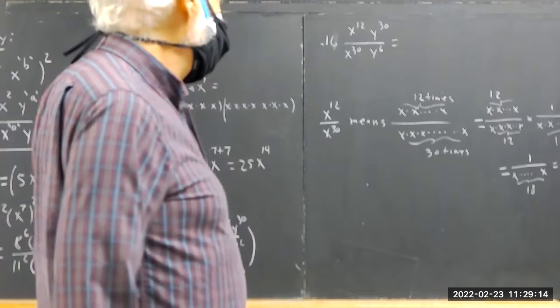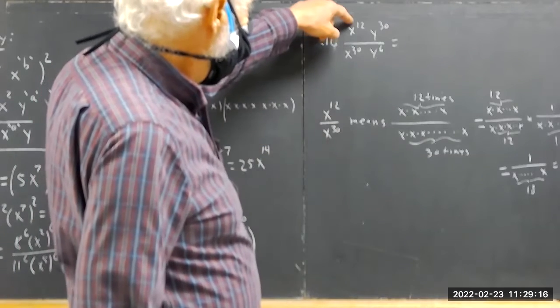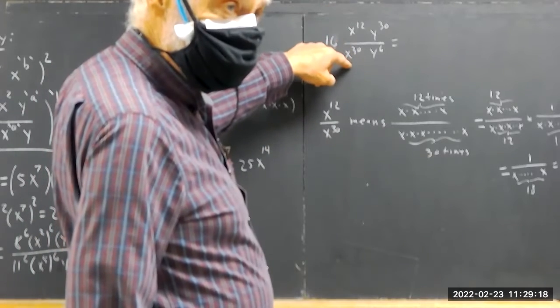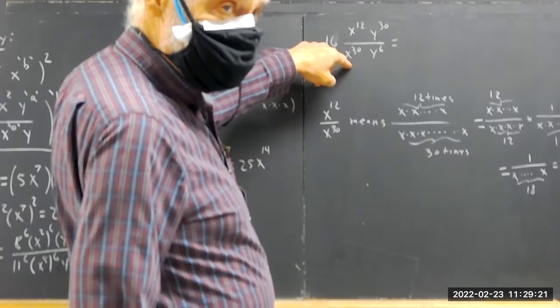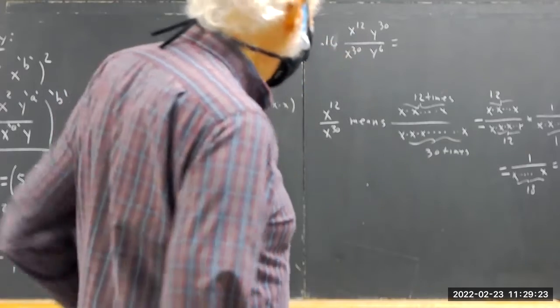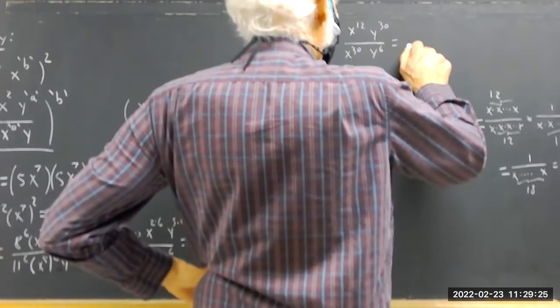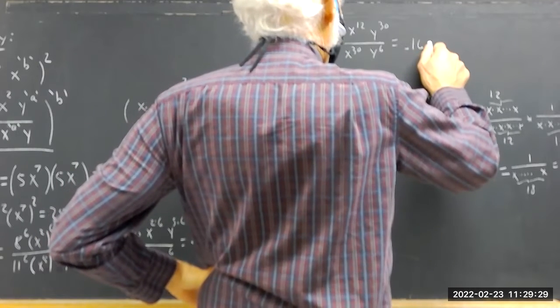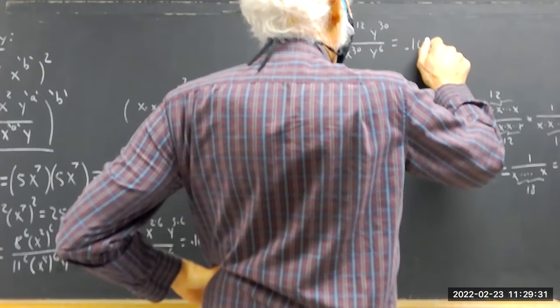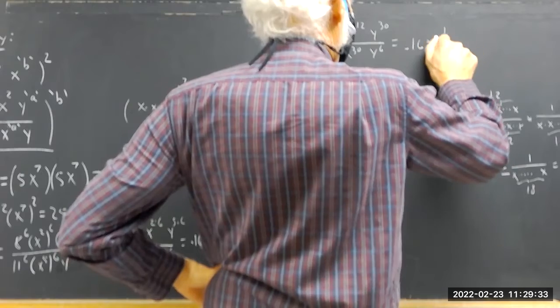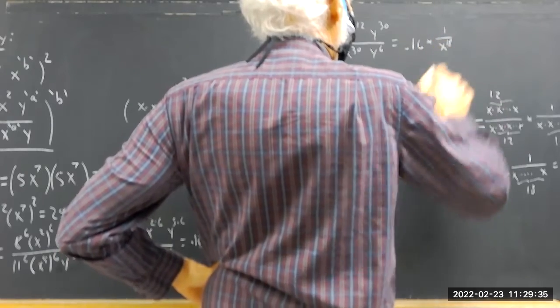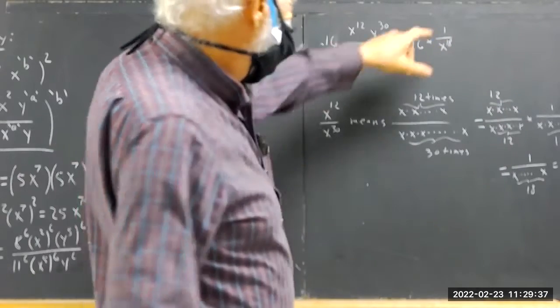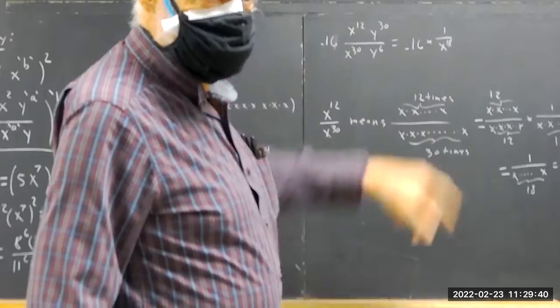And that's the reason you could subtract the 12 from the 30. Okay. And you could get 0.16 times 1 over x to the 18th. Okay.